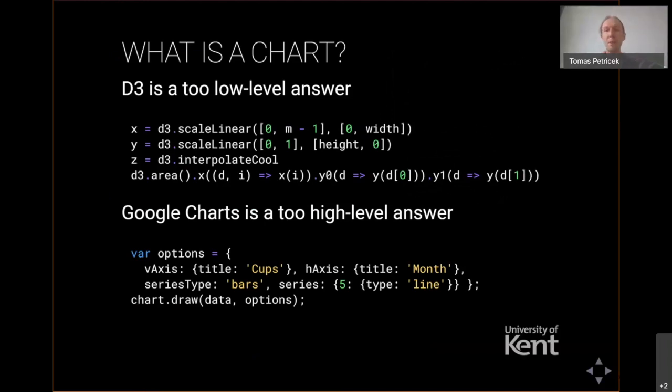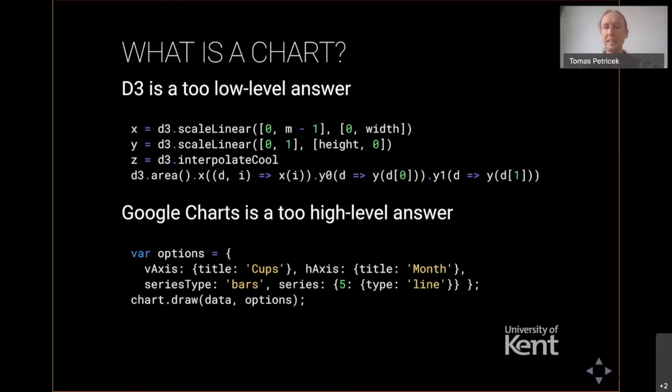So when people create charts using charting libraries, you basically have two options. Either you go for something very low level like D3, where you just define points, you use some functions to translate them to pixels, and then you generate some DOM elements and set their values, and that's your graphics.